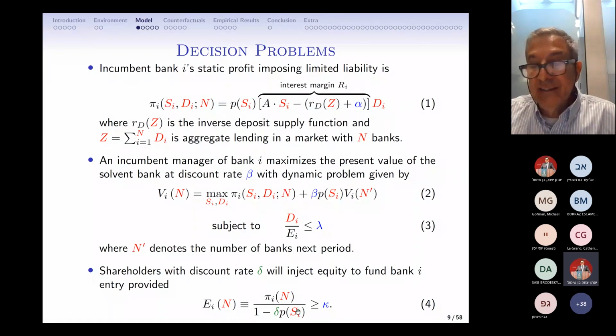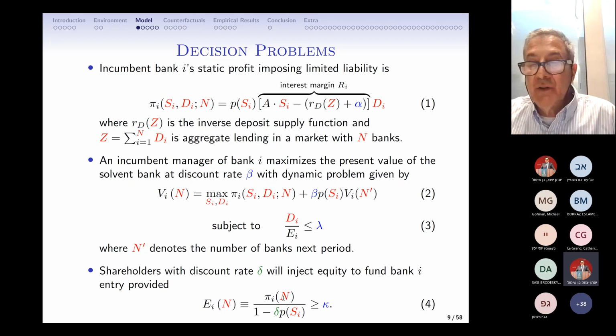This is an expression for the present discounted value of future profits for the bank. And free entry says that if the present discounted value of future profits for a bank exceeds the costs of entering, banks are going to enter. So the free entry condition, given what managers are going to be doing with respect to their choices of S and D, which show up here and here, is going to pin down the number of banks.